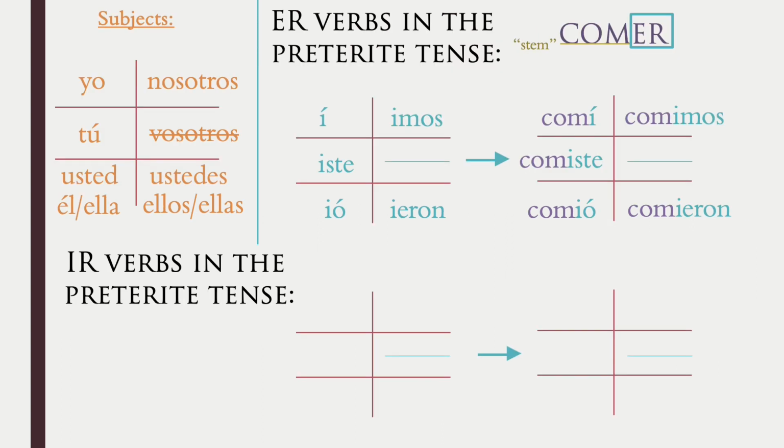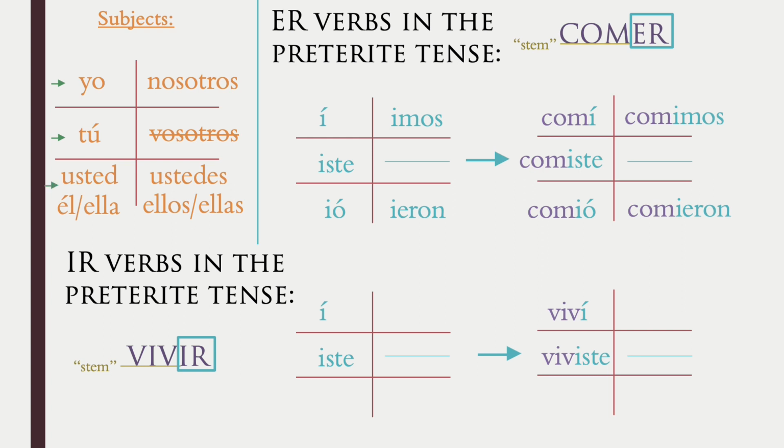The nice thing about the past tense is that ER and IR are exactly the same. So let's take the verb vivir. This is my stem. This is my ending. For yo, again, the ending is í. So I end up with viví. For tú, the ending is iste. So I end up with viviste.